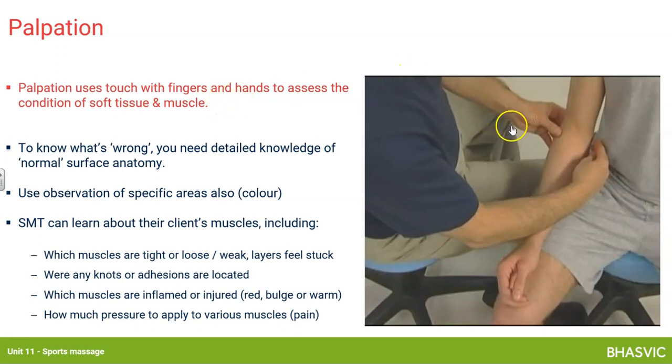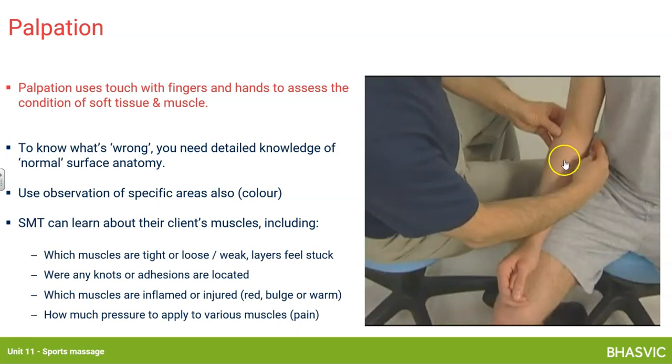And so part of what you might do in the assessment phase of this is feel for tendons, feel for muscles. When you feel, you might feel little lumps or tight knots where there's some discomfort. Your client may react. That's again a clue that there's maybe some inflammation.